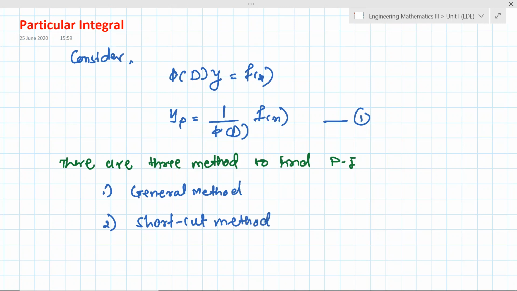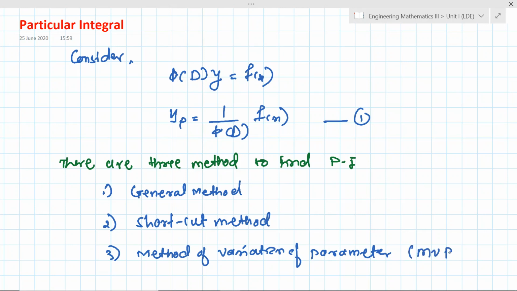And the third one is the method of variation of parameter, also called MVP. These methods are very important.